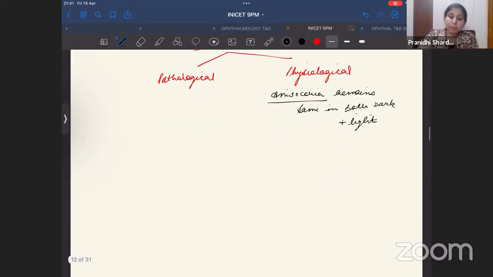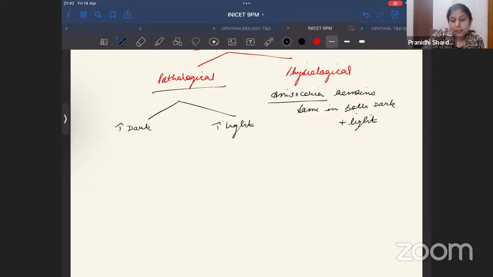But in pathological anisocoria, this is not the case: either it increases in dark or it increases in light.